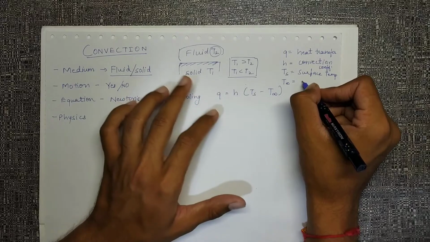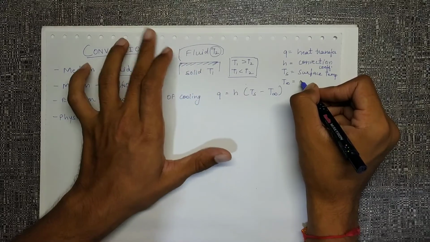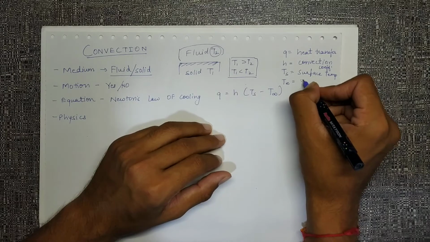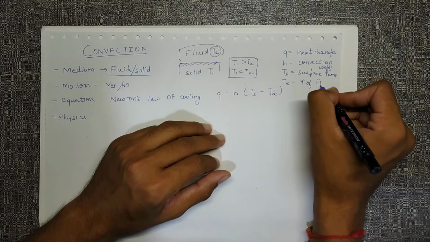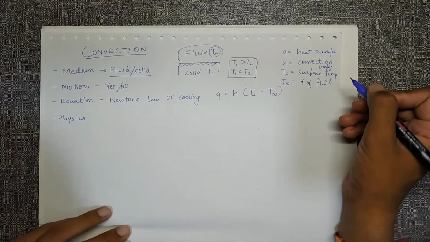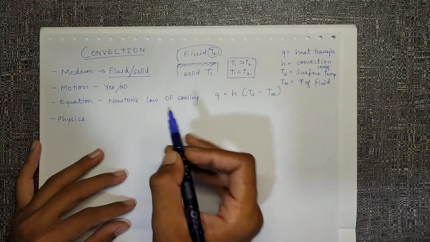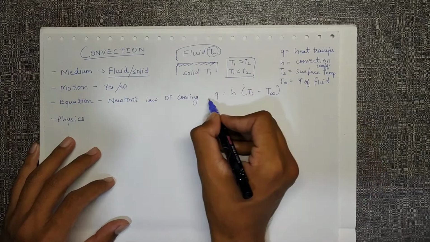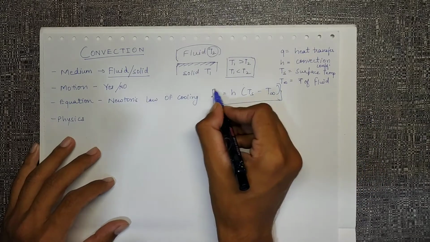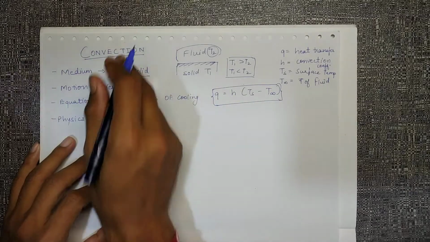T infinity is the temperature of the fluid at a long distance. So that's the equation that defines the amount of heat transfer due to convection.